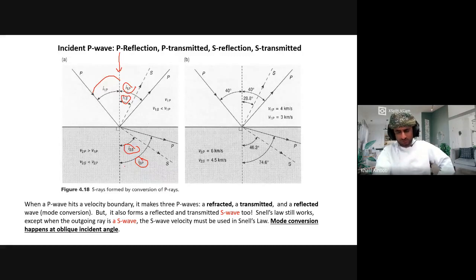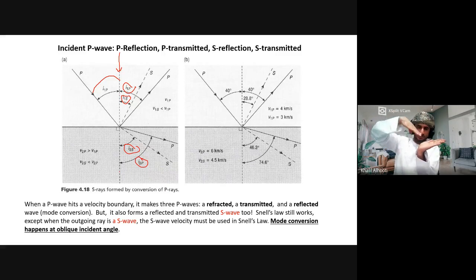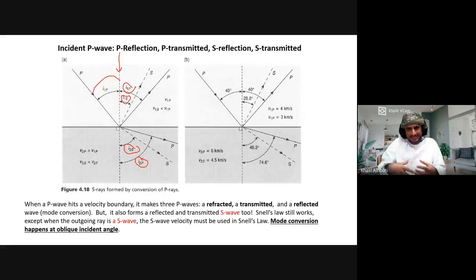You might ask why there is mode conversion. It will not come to the exam because it's not mentioned in the book too, but it happens because the wave is hitting this interface at an angle. It's coming in this direction. So whenever something hits at an oblique angle, part of the energy goes in this direction and part goes down. That creates a different wave type, which is also S. There is a principle called Huygens principle.